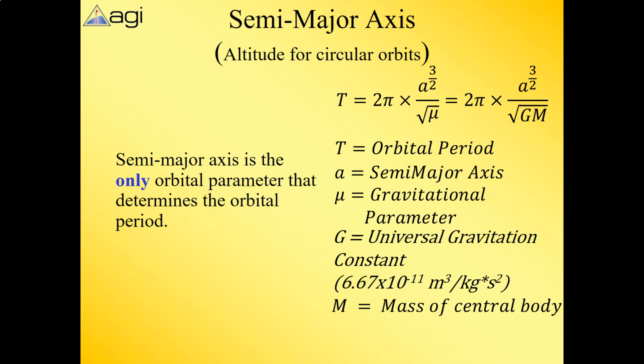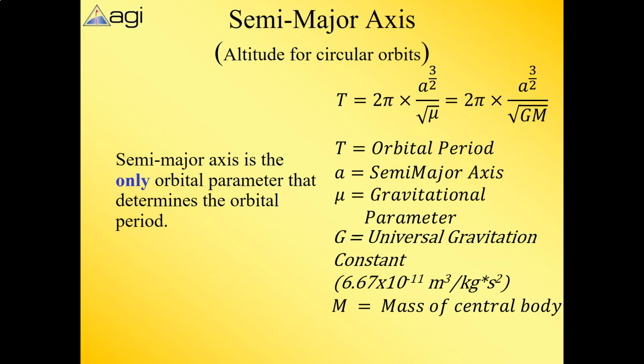Time, or the orbital period, T, is equal to 2 pi times the semi-major axis, remember that lowercase a, raised to a power of 3 over 2. The gravitational parameter is what we put in the bottom. It's a mu. So 2 pi times a raised to the 3/2 power over the square root of my gravitational parameter.